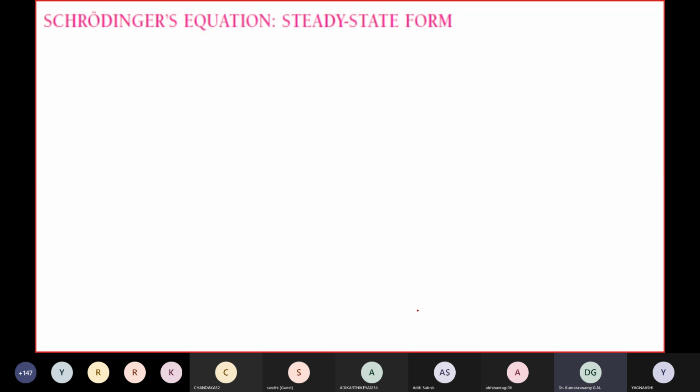It is called the time independent Schrodinger's equation, or Schrodinger's equation in steady state. Write down Schrodinger's equation in steady state. In the bracket, you write down time independent.